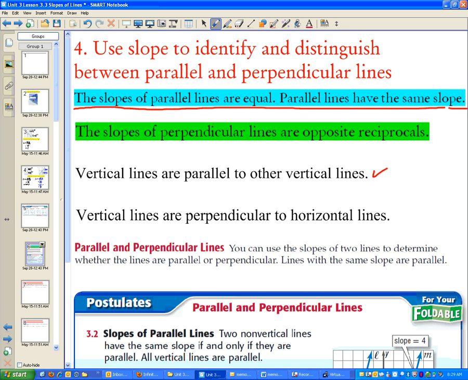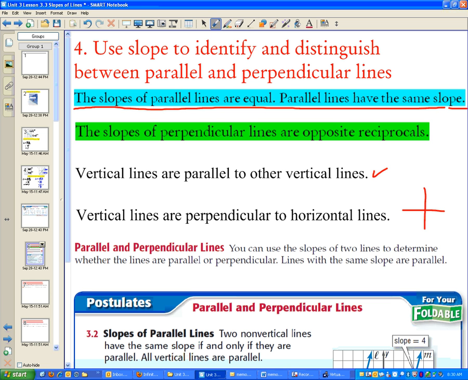Okay? And then this second sentence about the perpendicular lines and opposite reciprocals. Well, don't we know that a vertical line is perpendicular to a horizontal line? All right? Vertical line straight up and down, horizontal line straight across. They're perpendicular to each other. But it's not technically correct to say that their slopes are opposite reciprocals. Because the slope of the horizontal line is 0, but what's the slope of the vertical line?